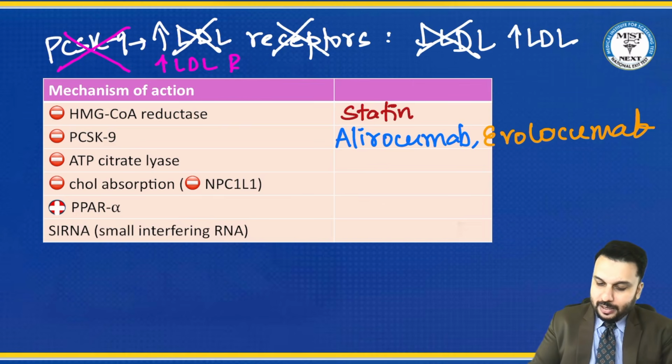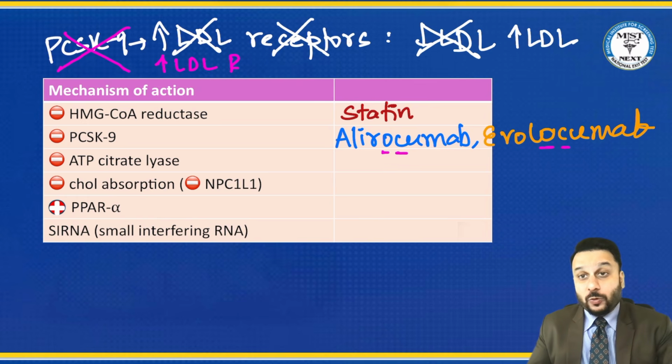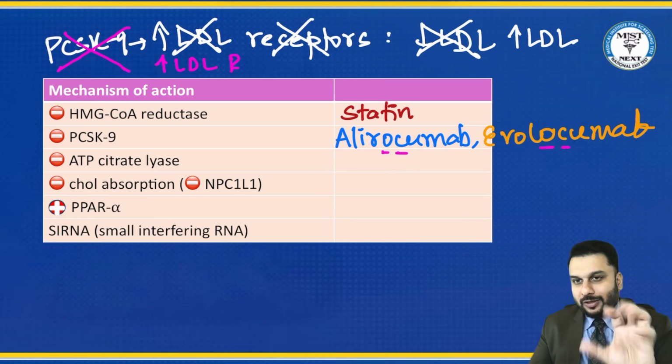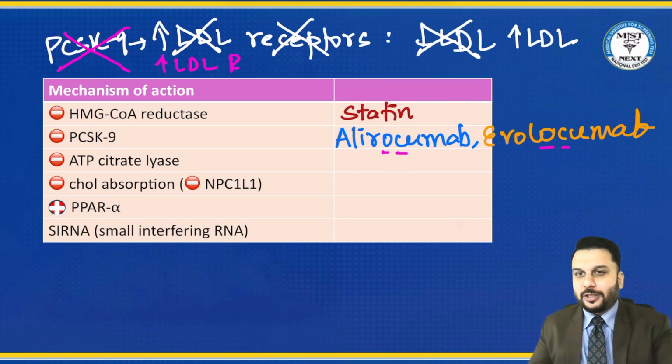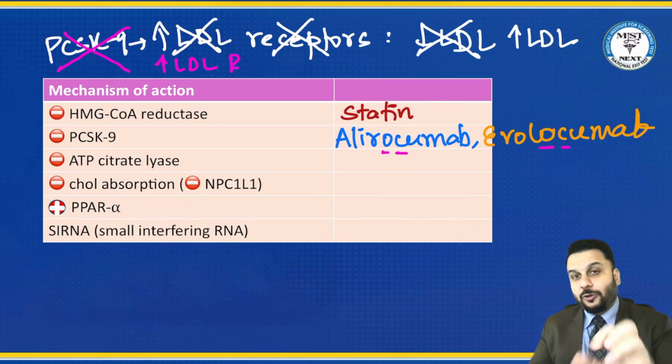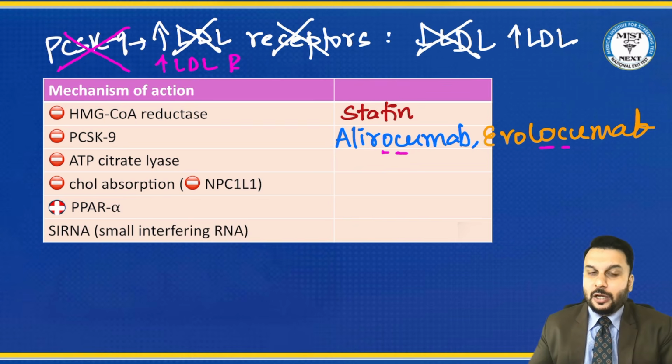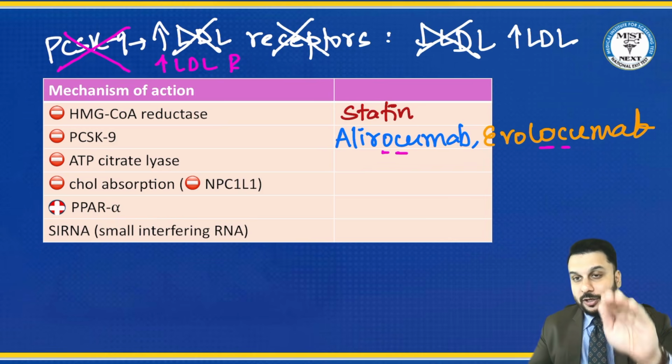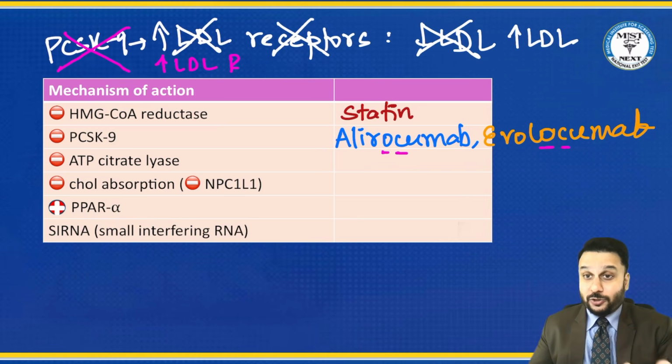And if you notice, they have the letters OC in the name. So you can remember, when you do something too much, it's called over. Oye, over mat karo bolte hai na. So that's where OC means over cholesterol. When you're having over cholesterol or excessive cholesterol, then you can use these drugs. They are the best drugs, the strongest drugs, to reduce LDL.